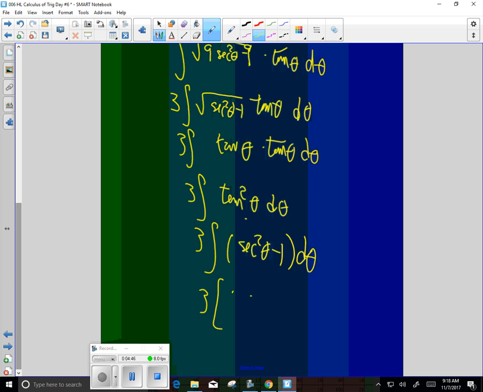Whose derivative is secant squared? Tangent. And then what's the antiderivative of 1? Theta. And this is going to be plus c. There it is. We can't integrate tangent squared as it is, so we can change it to secant squared minus 1. Antiderivative of secant squared is tangent minus theta.